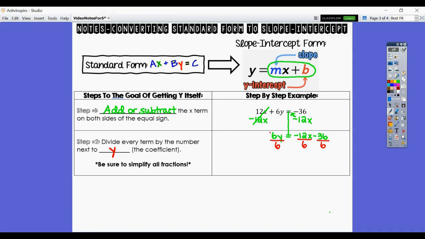Well, 6 over 6 is 1y left. -12 over 6 is -2x, and -36 over 6 is -6 when I divide all those in the calculator here. That's my final answer when I have y by itself, and again, the x term first, then the number, just like I circled above in green.